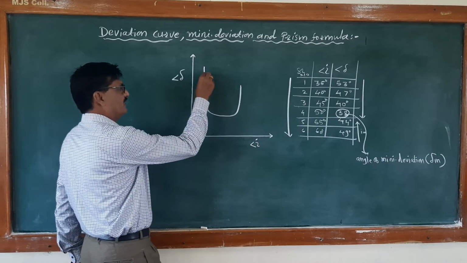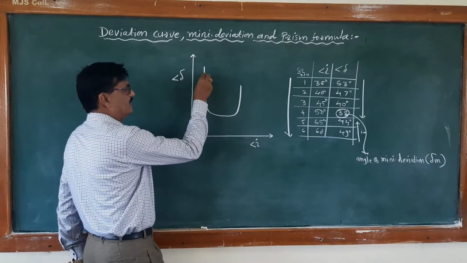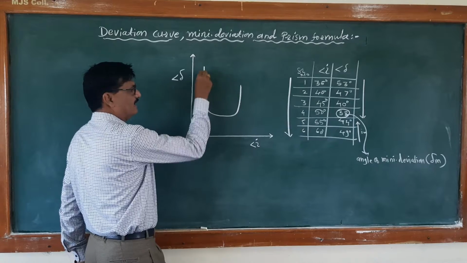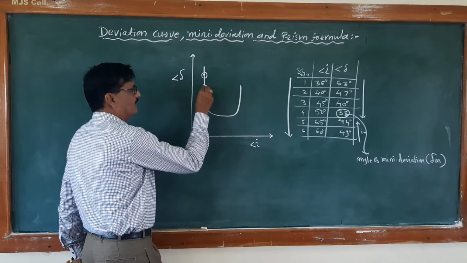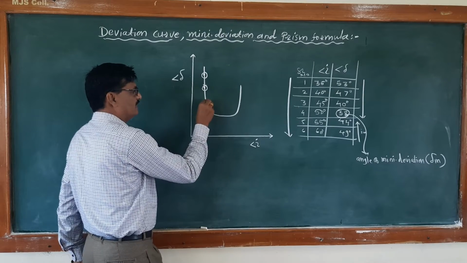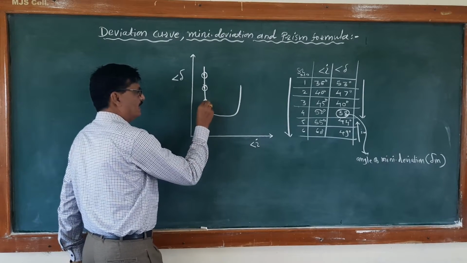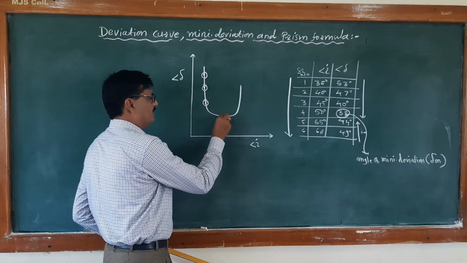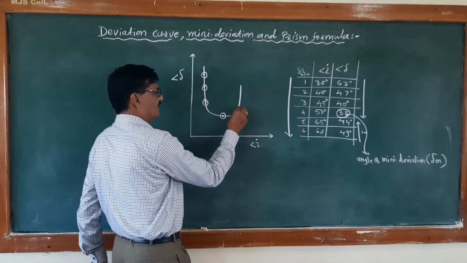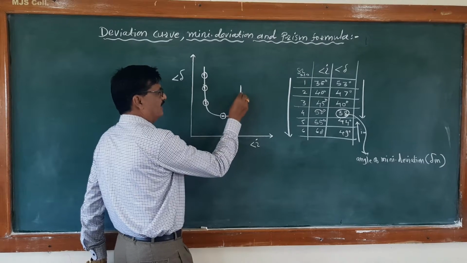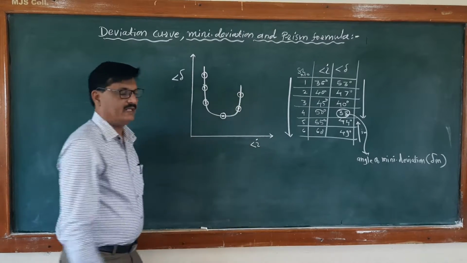Suppose this is my first angle, say 53 degree, then it decreases, it becomes 47, then say 40 degree, then it becomes minimum, this is 38 degree, and again it goes on increasing, that is 44 degree, and this is 49 degree.